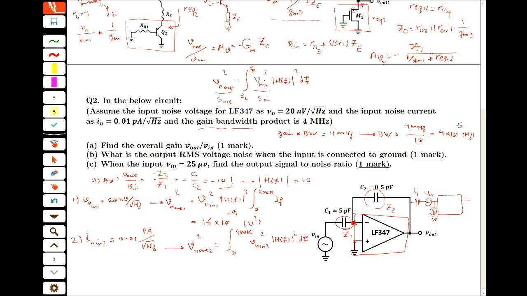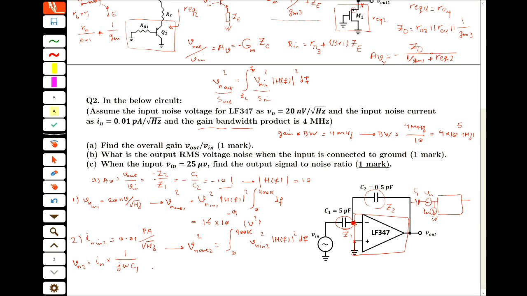So if this is your In, then Vn2 equals In multiplied by 1 over j omega C1. And this is not frequency independent, so you should take the integral. You cannot simply multiply by the bandwidth.